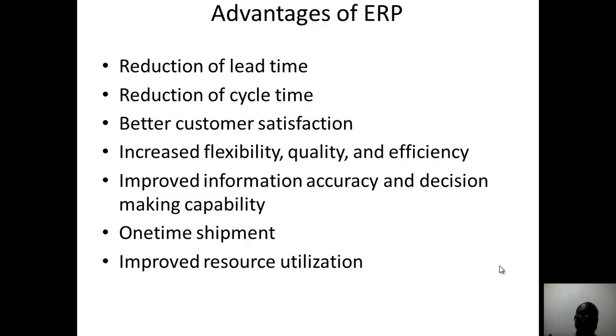Sometimes customers can even order from their portal within the ERP. In fact, it uses a web technology. Therefore, customers can order from their portal. Then it increases flexibility, quality, and efficiency. It also improves information accuracy and decision-making capability, one-time shipment, and improved resource utilization.